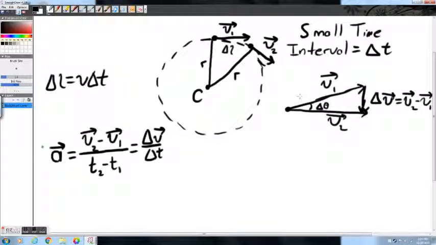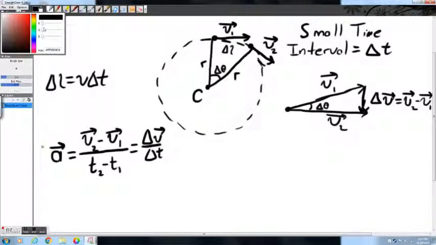So this angle here is a small angle, delta theta, and it's small because it is the angle that subtends the arc delta L. We already said delta L will be small because delta t is small, which means the theta must also be small.